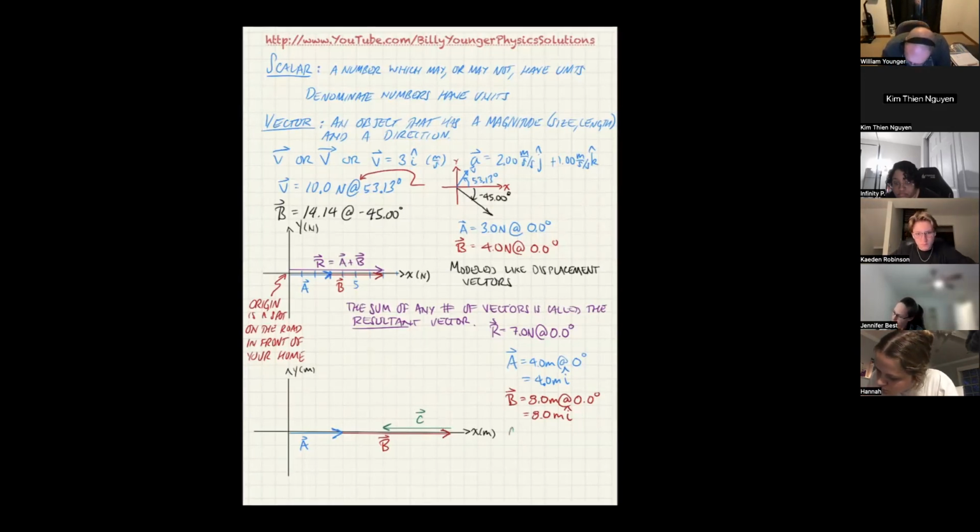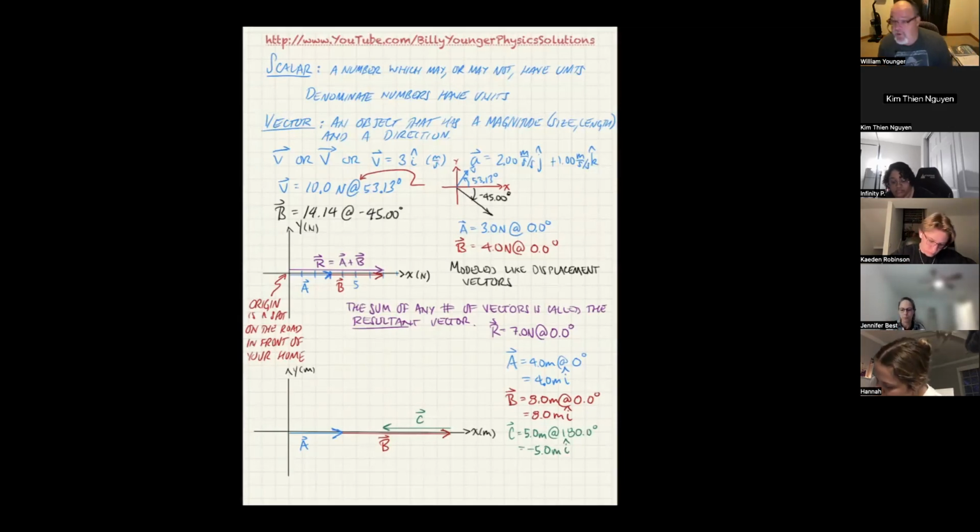So vector C is 5.0 meters at, now in this case, you're going to say it's not 0 degrees. In fact, it's 180 degrees. But you could also call that negative 5.0 meters i hat. And the negative just says, I'm going to go a distance of 5 from the origin, but I'm going to have to go in the negative direction.